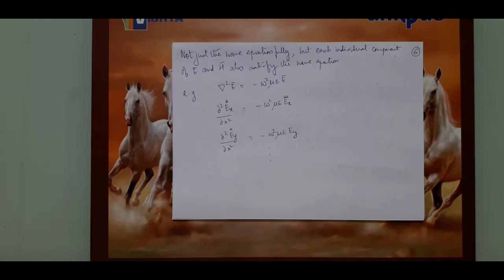But we are not looking at the current element per se. We are looking at a point in space, in a homogeneous medium, very far away from the current element, where we are analyzing the fields generated due to it. So in the next class, we shall proceed and examine what could be the solutions for the wave equation. Thank you.